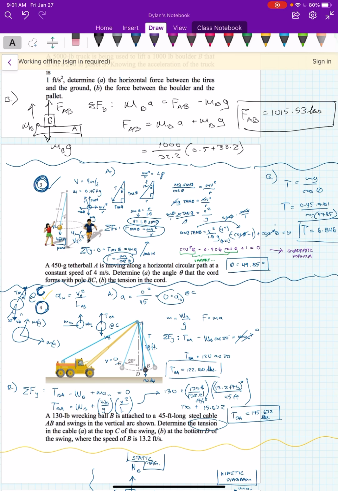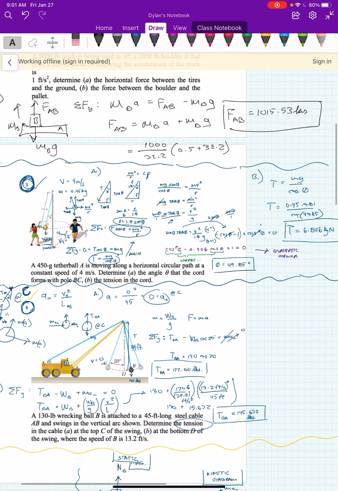And then we know that the 450 gram tether ball is offset by some angle.